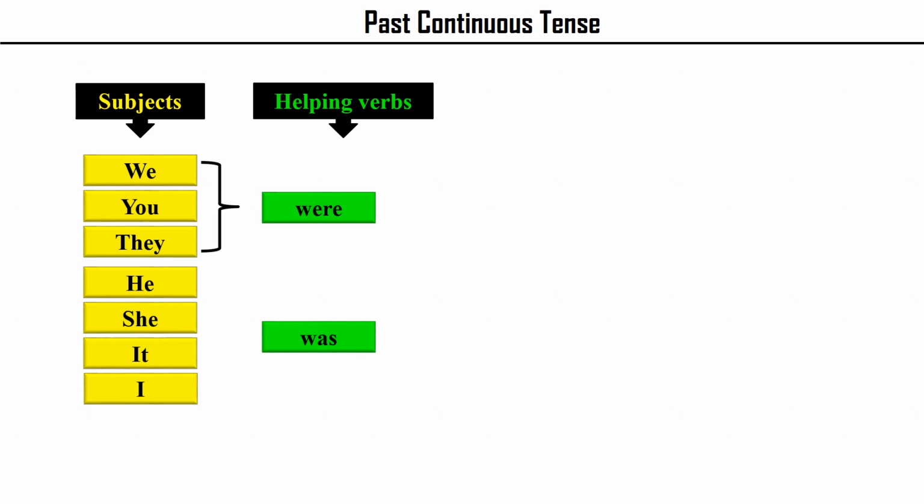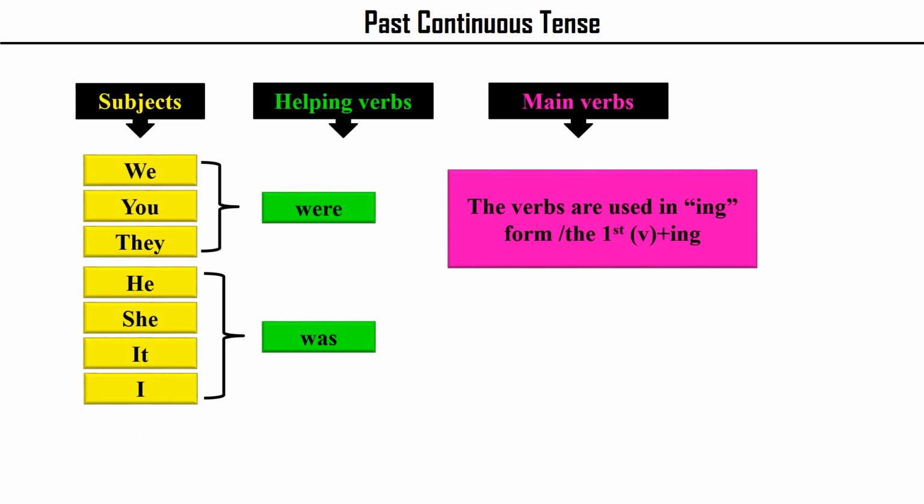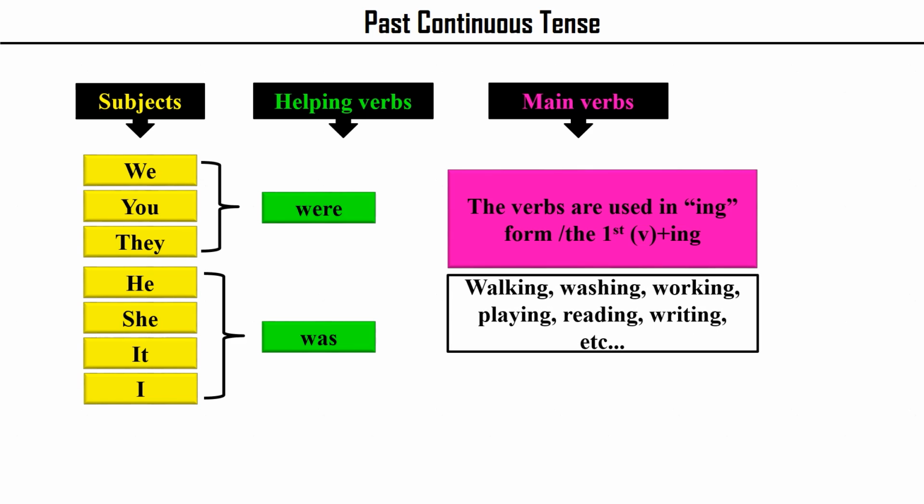Were is used with the subjects we, you, they, and was is used with the subjects he, she, it, and I. The main verbs are used in the ing form, or the first form of the verb plus ing. For example, walking, washing, working, playing, reading, writing, etc.